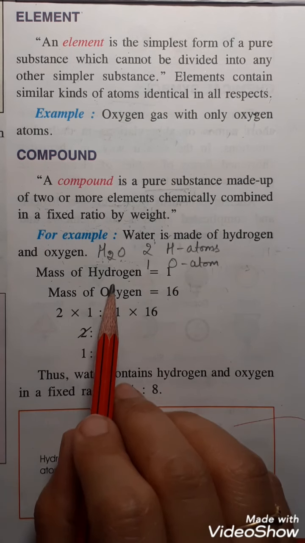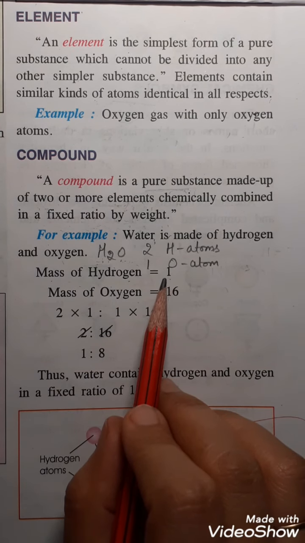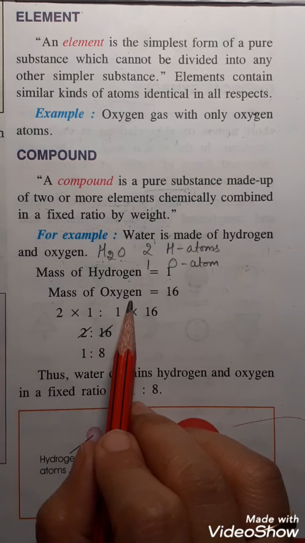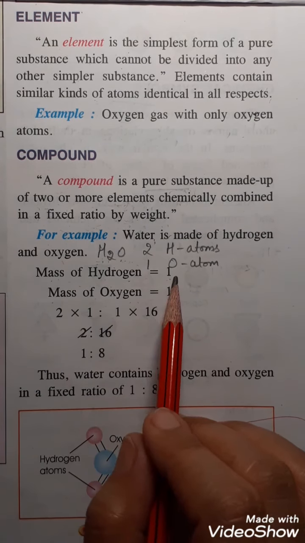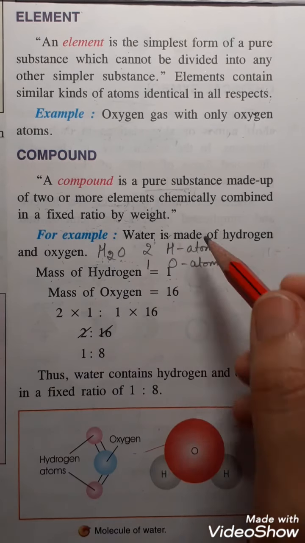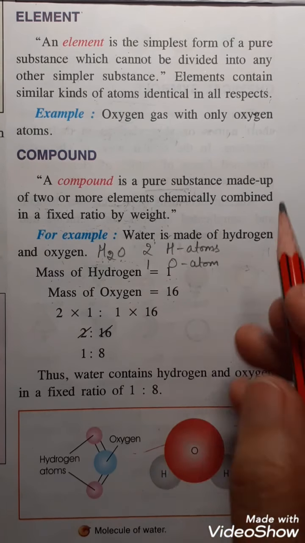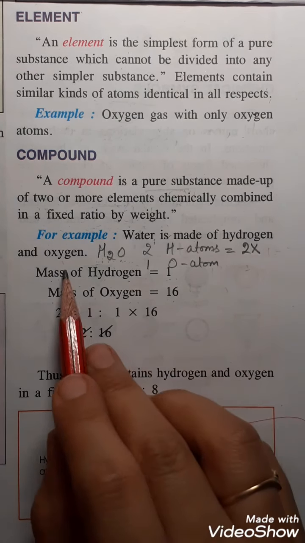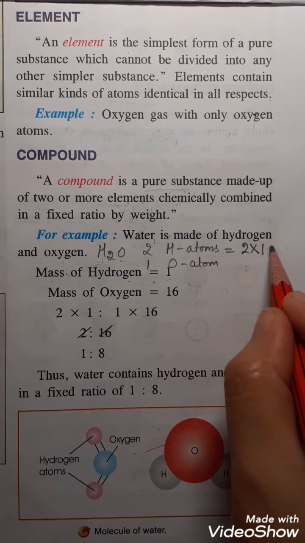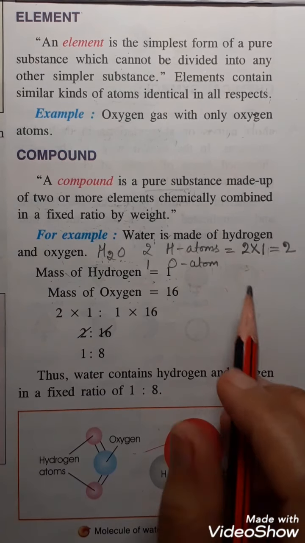So mass of 1 hydrogen atom is 1, okay, and mass of 1 oxygen atom is 16. So mass of hydrogen in water will be, there are 2 hydrogen atoms, so 2 into mass of 1 hydrogen atom, so total 2.